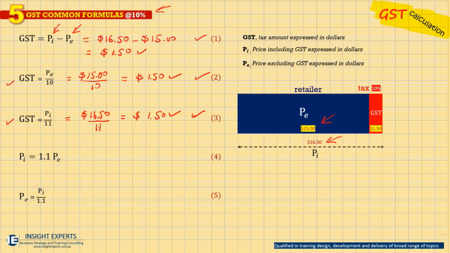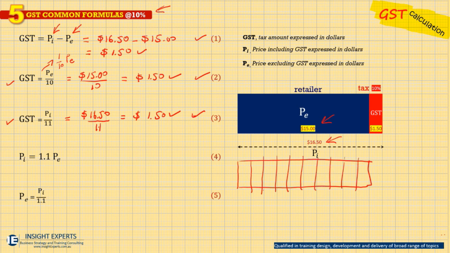Another way of reading equation number 2 is as follows, that the GST amount is equal to 1/10 of the recommended retail price. So if I come here and draw this block, which is equivalent to the blue blocks up there, and divide it into equal 10 segments, exactly the same size.